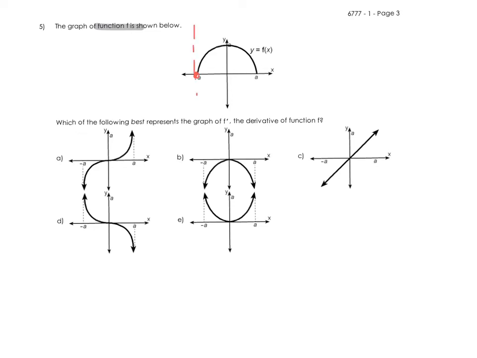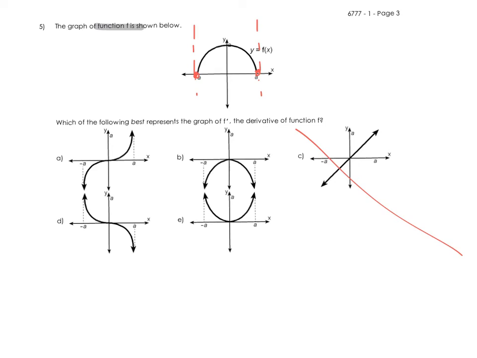So the derivative doesn't actually exist at A and negative A. If I were to draw in tangent lines right there, they would be vertical, and the slope of a vertical line is undefined. So I'm looking for the derivatives. Choice C doesn't make sense. In A, B, D, and E, you can see those little dotted lines, okay, meaning that you're not going to have a value there. Those are asymptotes.